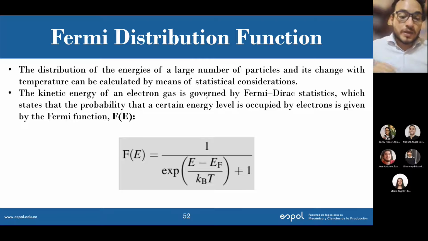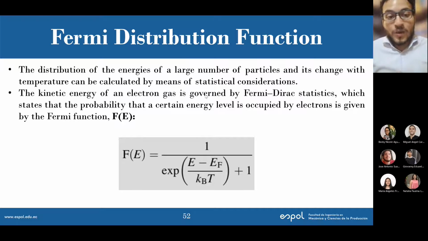So how are we going to try to describe this whole bunch of electrons that are present in a solid? Well, there is one distribution that actually allows me to do that, and that's known as the Fermi Dirac distribution, or the Fermi Dirac statistics. I'm not sure if you've ever seen that in statistics, but that's what we're going to use.